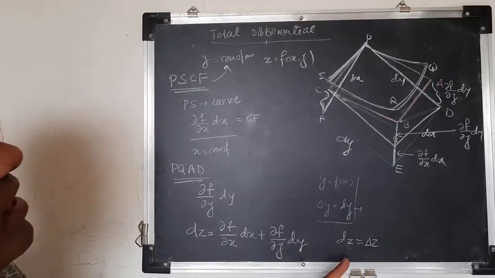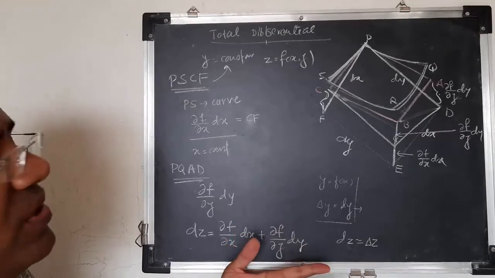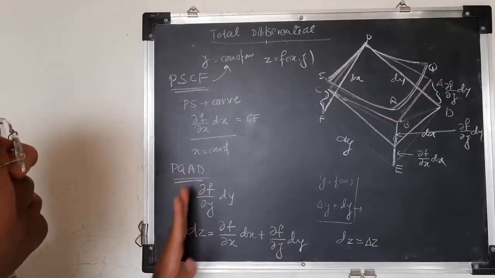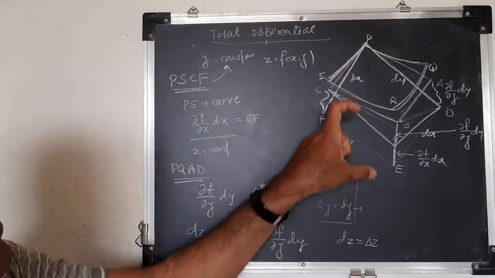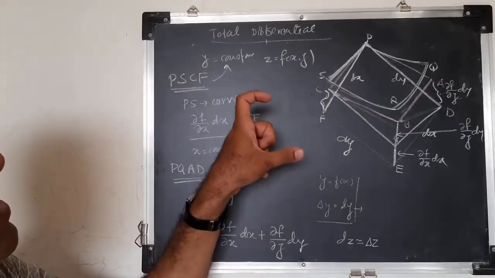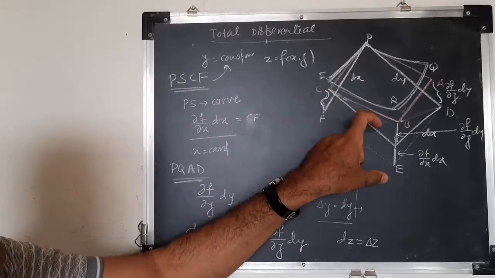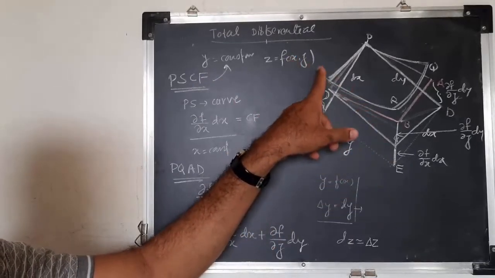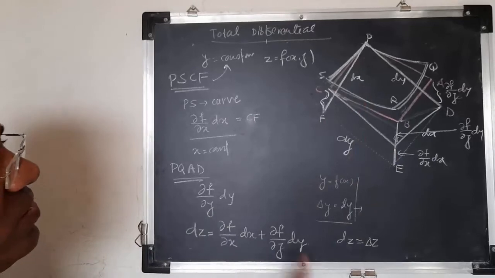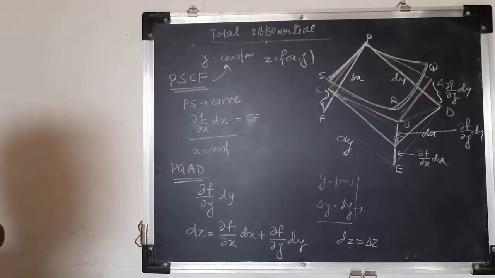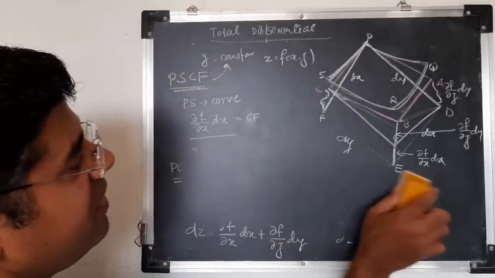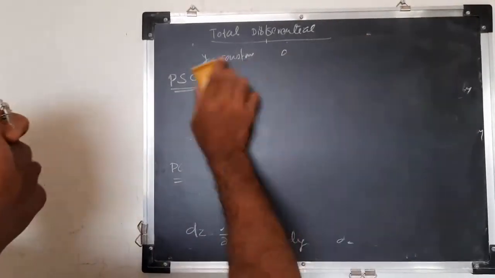I have already provided this material, so you just go through it and you will get what I am saying. Basically this dz represents the total differential of that particular surface along your x and y. This is the physical significance we have seen. Now we'll see it actually in terms of your book.